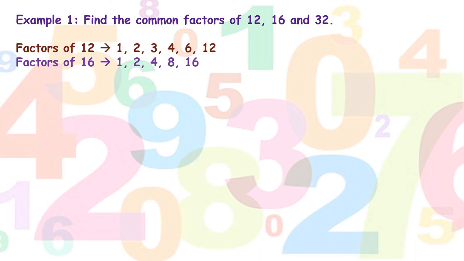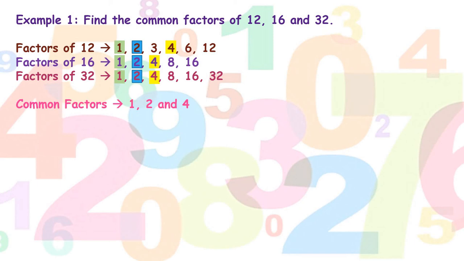Factors of 32. Correct. 1, 2, 4, 8, 16 and 32. So these are the factors of all 3 numbers. So which factors do you see common? 1, 2 and 4, right? So the common factors are 1, 2 and 4.